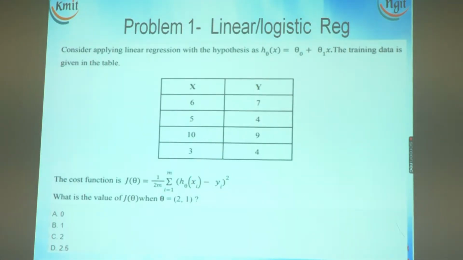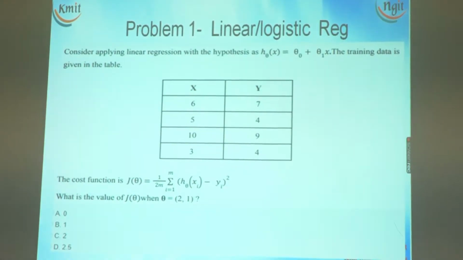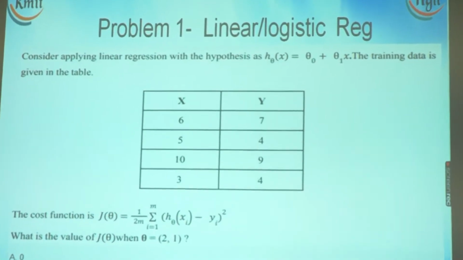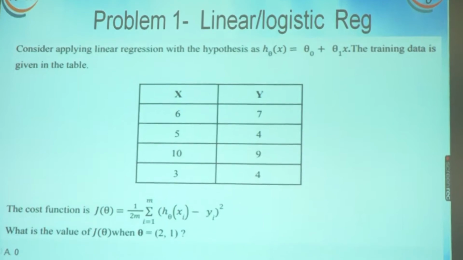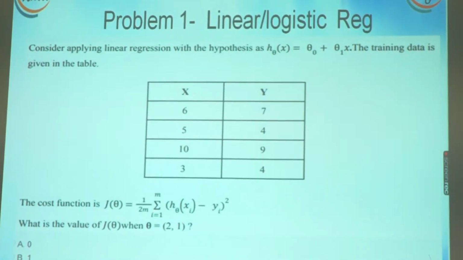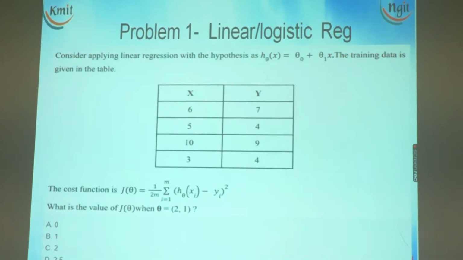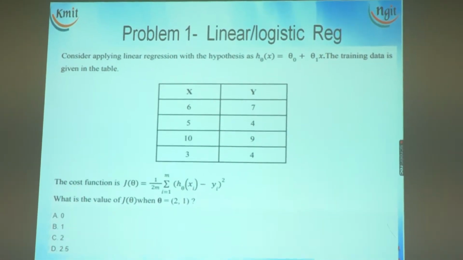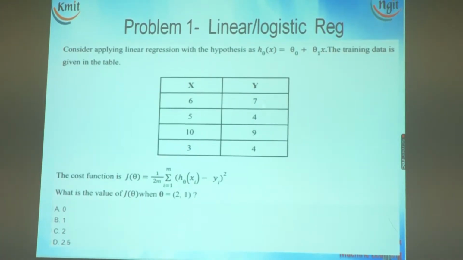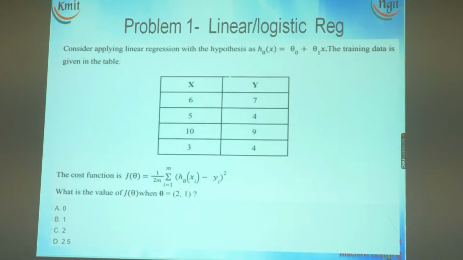Coming to the problems. Now we have discussed linear regression, we have discussed logistic regression. There we have one problem. Try to do it with me. Just now we have discussed this cost function, right? I have a table which is having x and y. X are the features and y is the outcome.